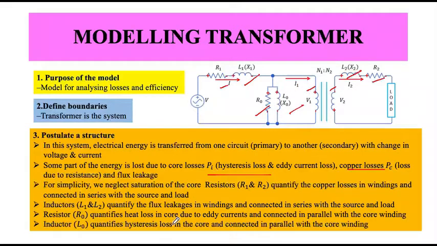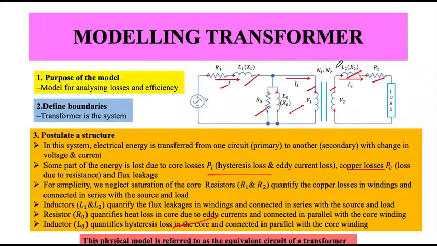and similarly an inductance of the core, L naught. Once I have this beautiful looking circuit, with voltage source, resistances, inductances, resistance R naught, L naught, and so on, this is the physical model of the transformer.